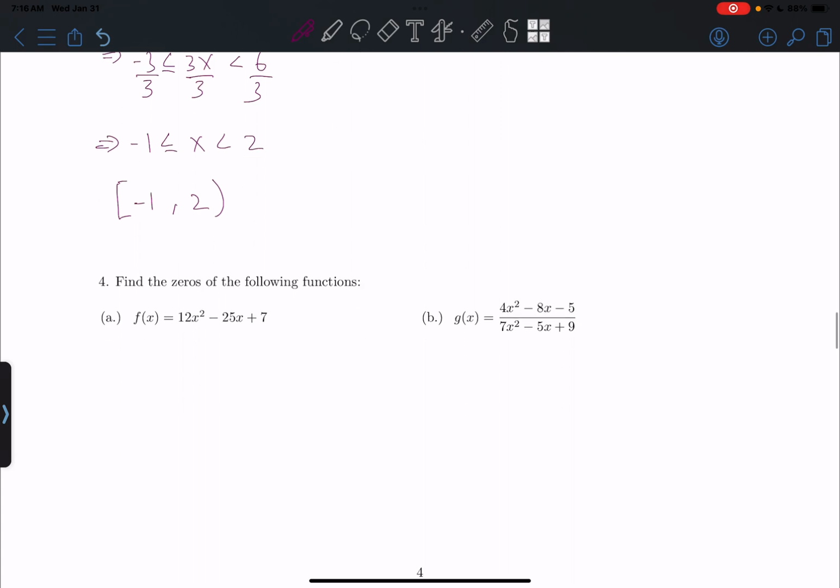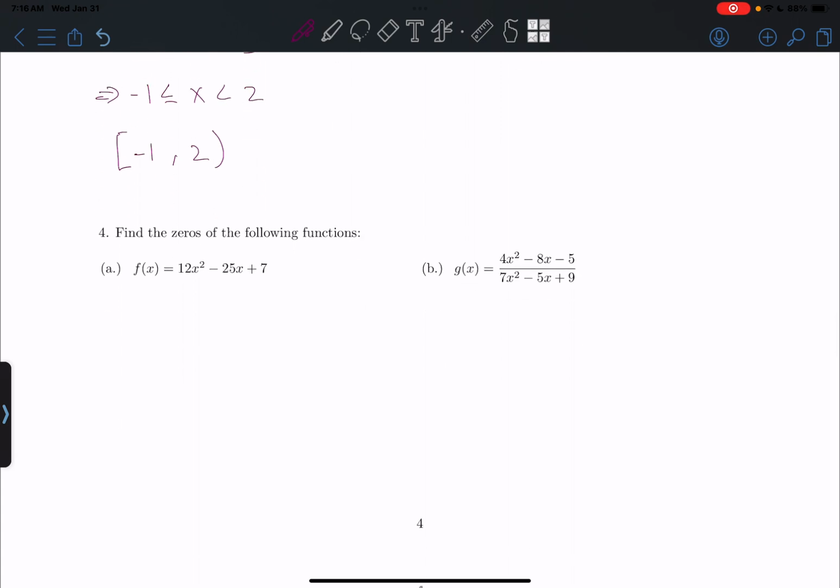For the zeros of the function, this is just another way of saying setting the function equal to 0. So all you have to do is set the function you're working with equal to 0. And here, if the number is too big for you to guess with factoring, go ahead and just apply the quadratic formula.